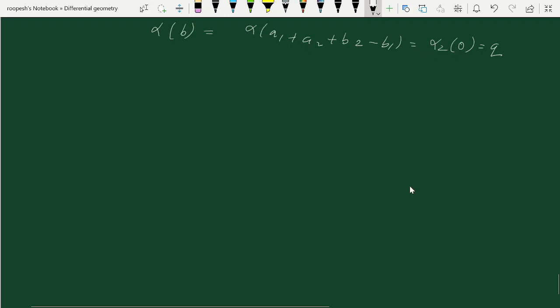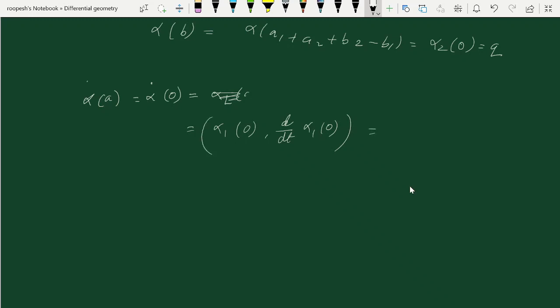Now alpha dot of A. What will you get when you are finding alpha dot of A? Alpha dot of A is equal to alpha dot of 0, that's equal to alpha 1 of 0 comma, when you are finding the derivative now, d by dt of alpha 1 of 0, and this value is equal to PV, and alpha dot of B is equal to QV.